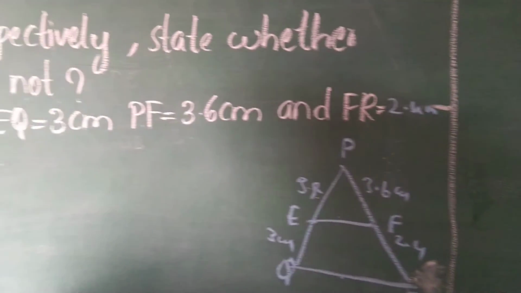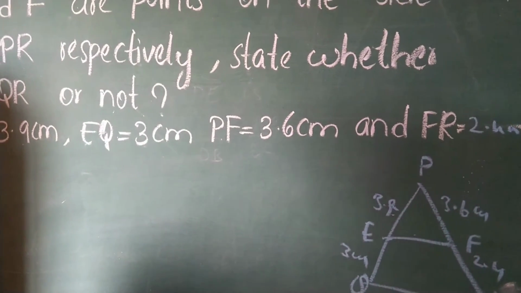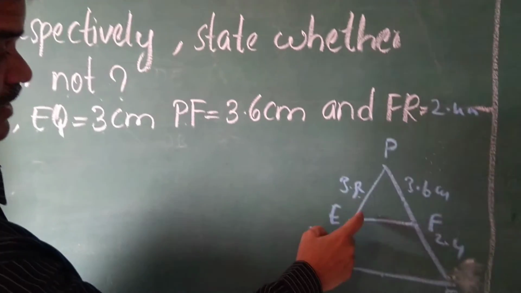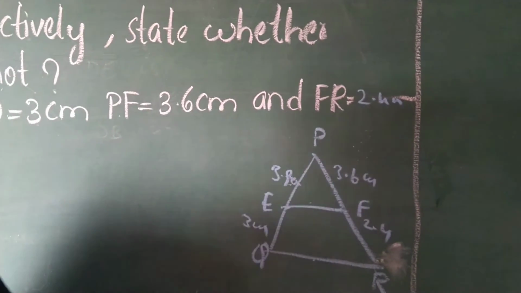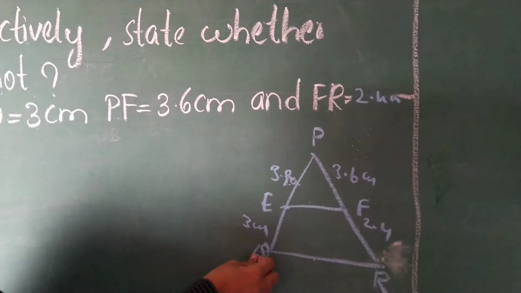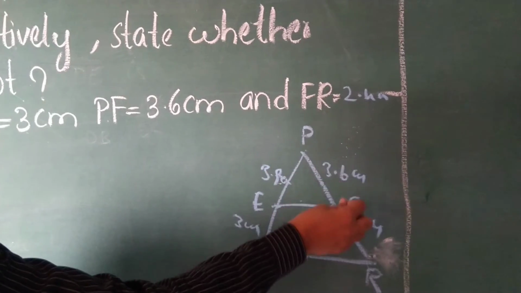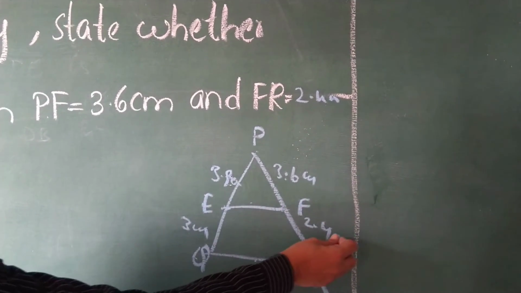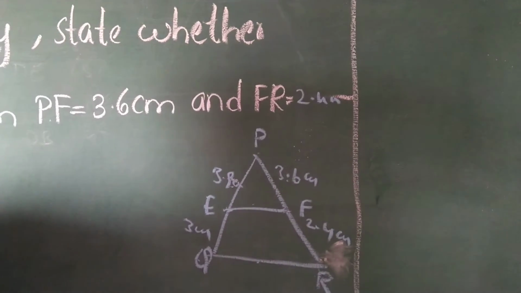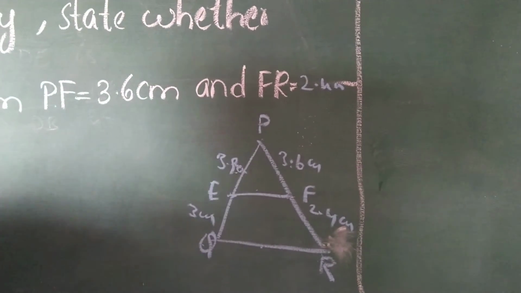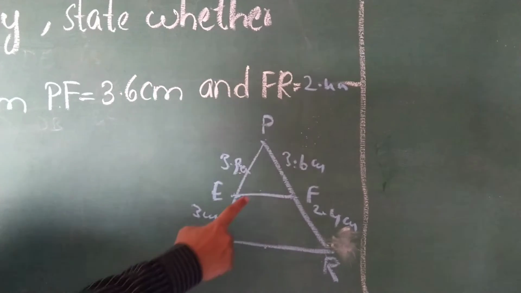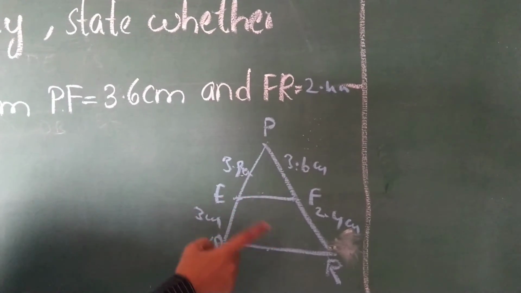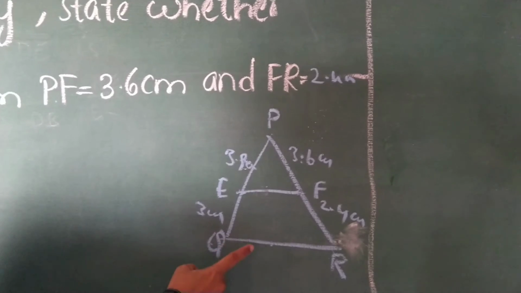By applying BPT, we have to prove whether EF is parallel to QR or not.